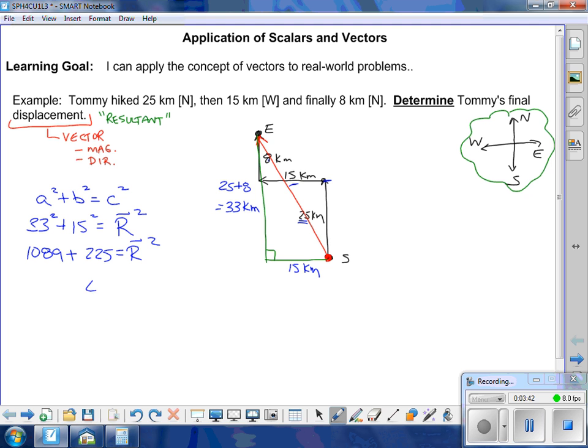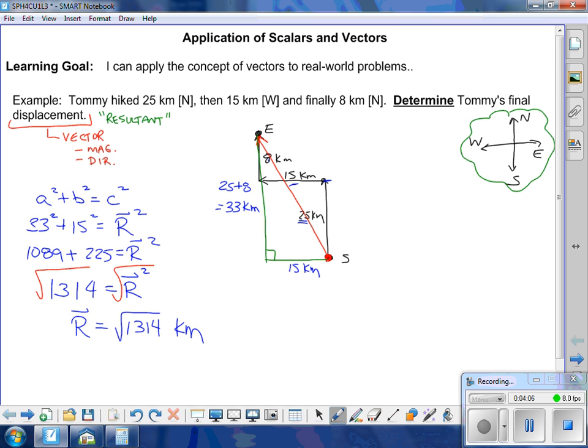Adding those together, we get 1314. Square root both sides. And again, you can use the calculator to calculate it as a decimal. It's too much work for me to pull it up, so I just leave it as that. So there is my magnitude. That's how long the red vector is.